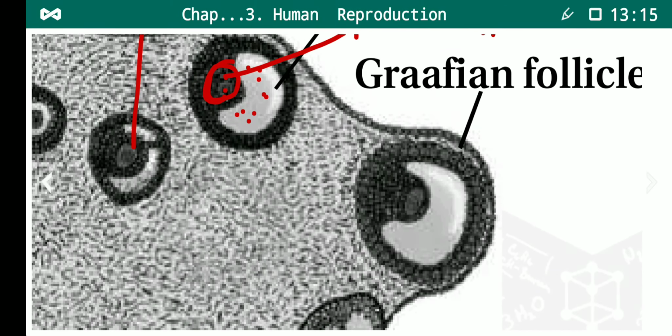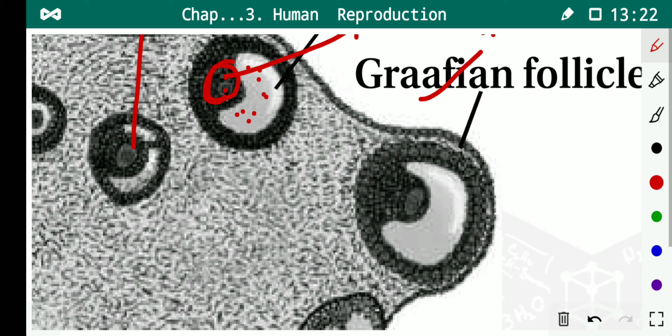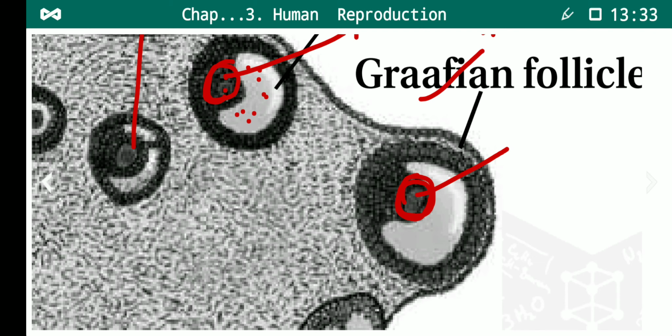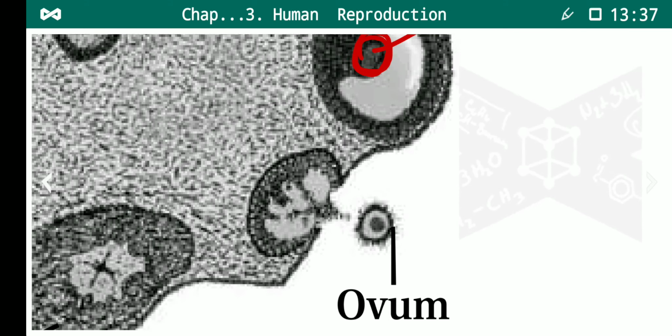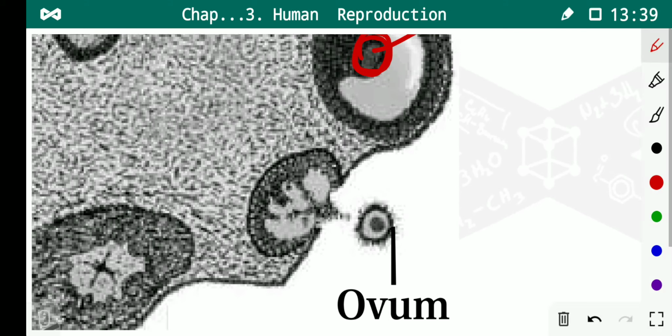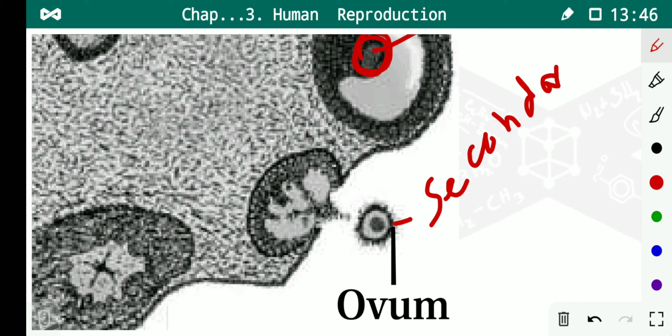Now the tertiary follicle converts into a Graafian follicle. The outer layer converts into the Graafian follicle, and this inner mass is called the secondary oocyte. This ovum is the secondary oocyte.